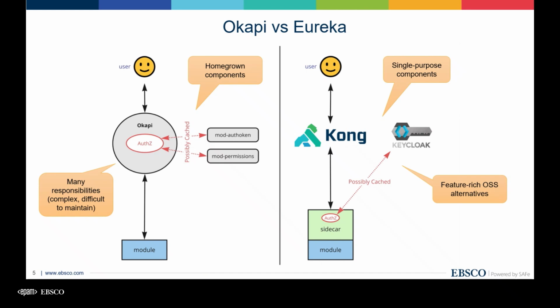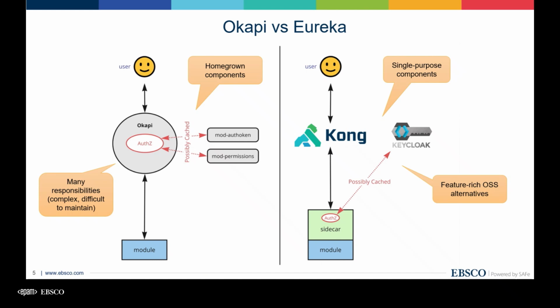On the right-hand side is the alternative, which is Eureka. And you can see that there is no Okapi. It's less of a hub and spoke model. Instead we have many single purpose components, like Kong to start with. That's our API gateway, and it does literally nothing other than route requests and act as an API gateway.